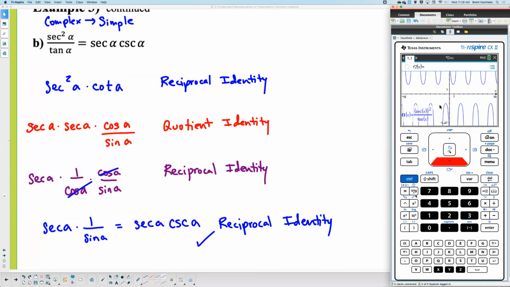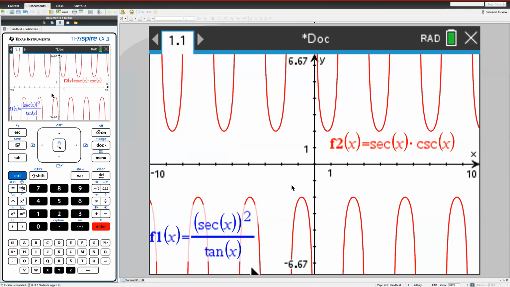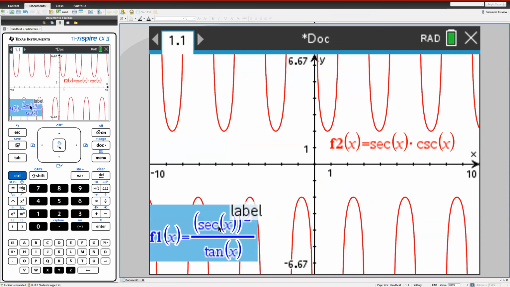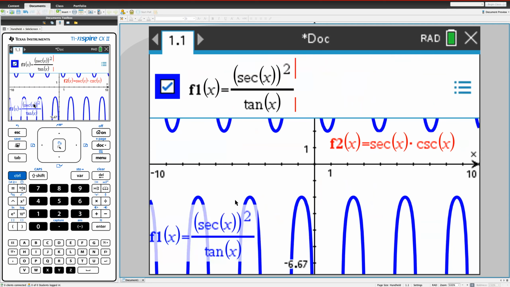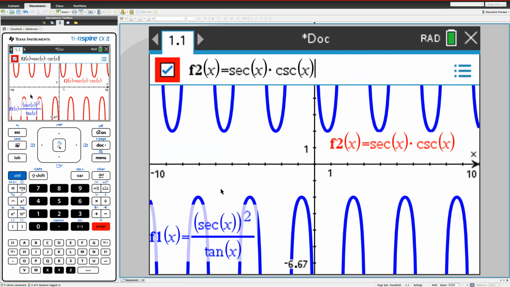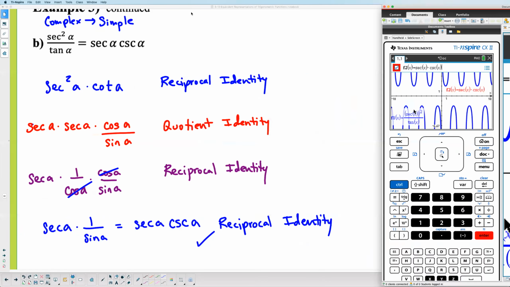My second equation is secant x times cosecant x. What can you tell me about those two graphs? There's one. There's the other. These two graphs are exactly the same. So what does it mean if they're the same graph? They're equal. So they are equal to one another.